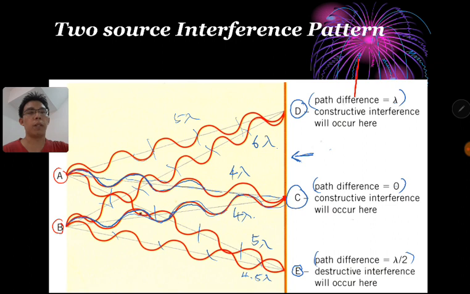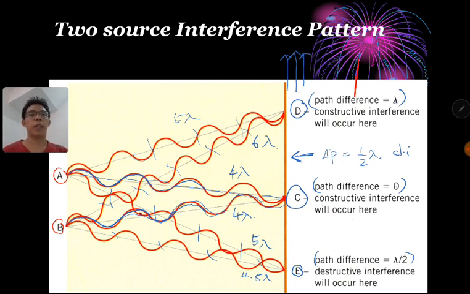So that means somewhere in the middle here, it must be a path difference of half a wavelength. Okay, hopefully it makes sense to you. So half a wavelength, then this point here is destructive interference. So we have constructive interference followed by destructive interference, followed by constructive interference, followed by destructive interference as you go higher up.